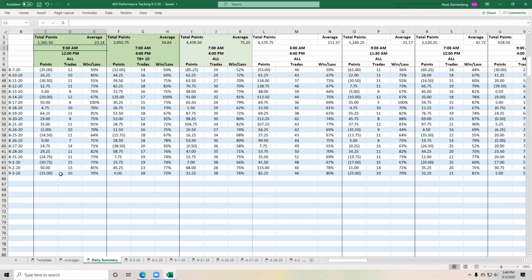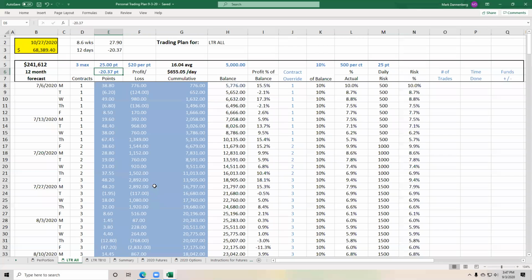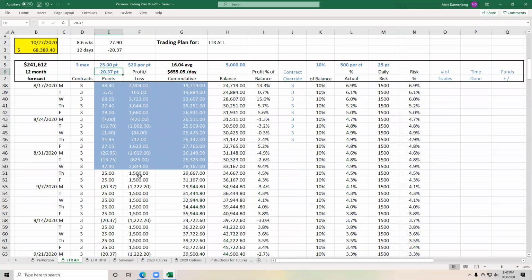We take those performance data and enter them into our personal trading plan, and that way we have a reasonable idea of what our average performance is. A single day doesn't matter that much to me. What matters to me is our overall average since we've been doing this, which is now going on 9 weeks.